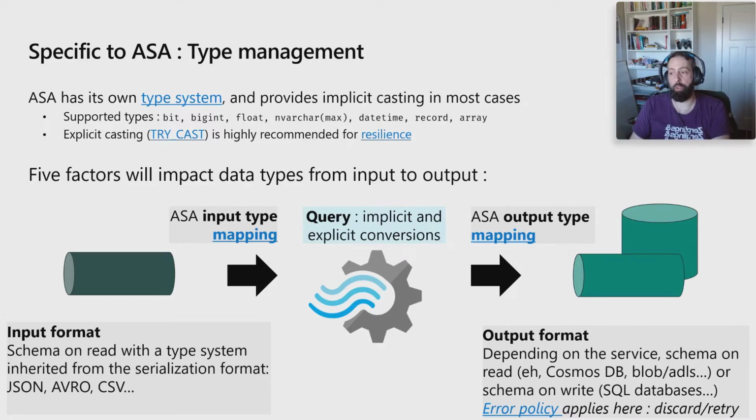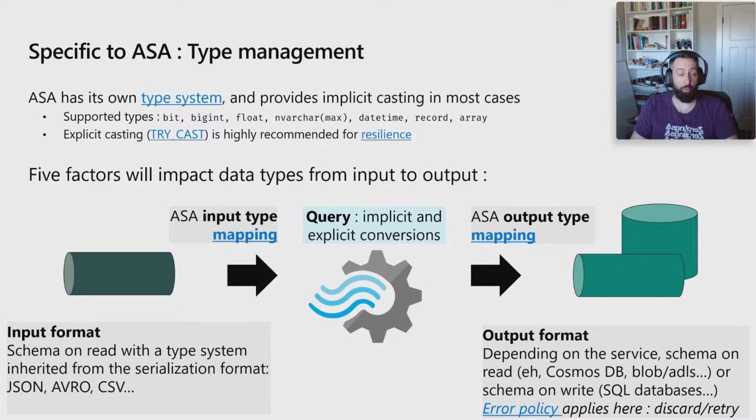Is it small ints, tiny ints, big ints? How do we support floats? Do we support decimals, strings, etc.? Stream Analytics, like every other tool, has its own type system, and we've built it to be minimalistic, to reduce friction, and to be as close to the SQL Server one as we could.